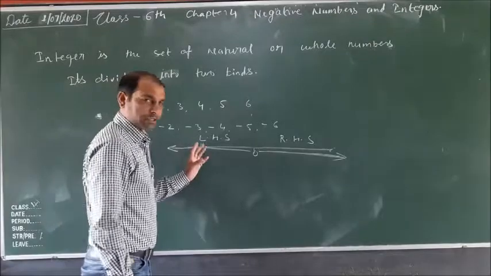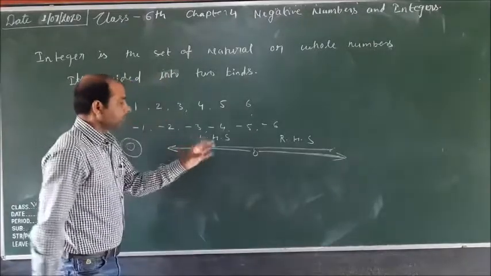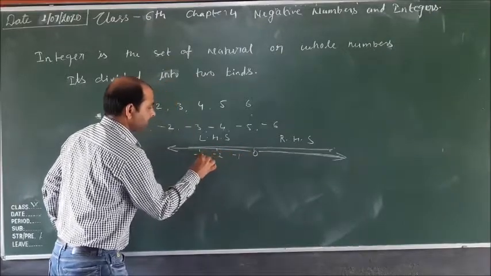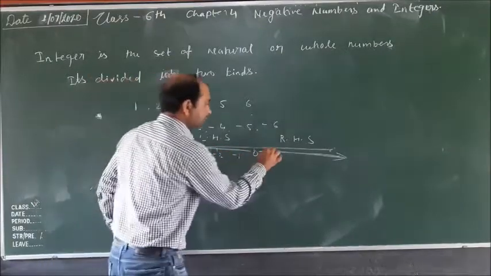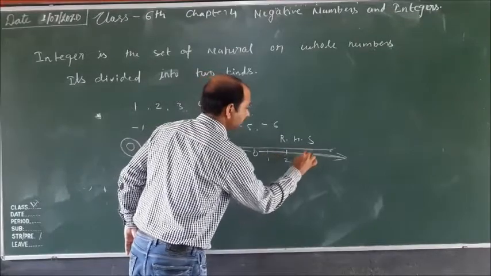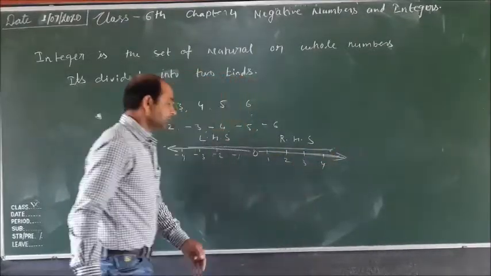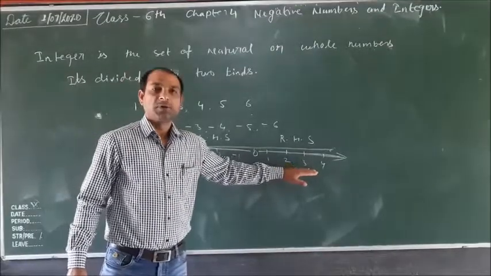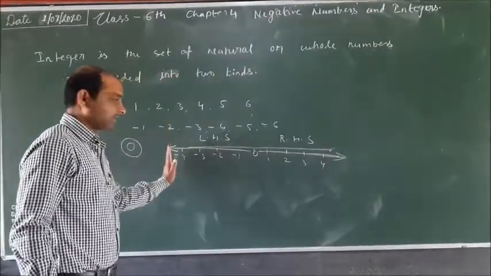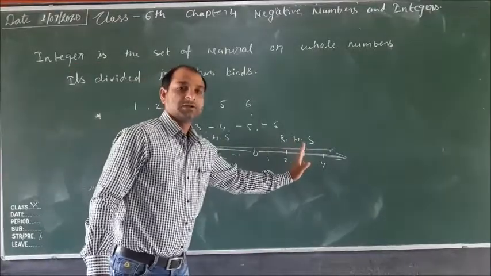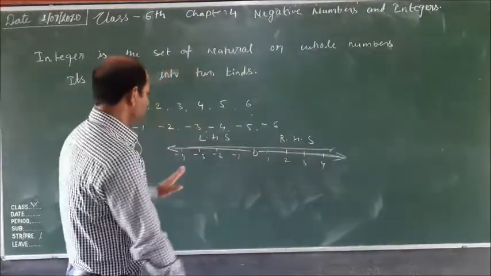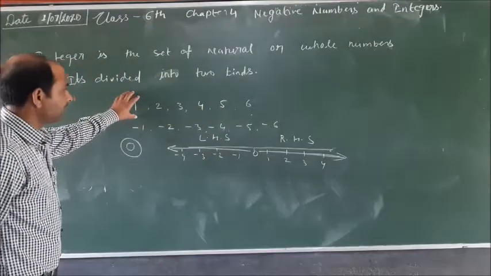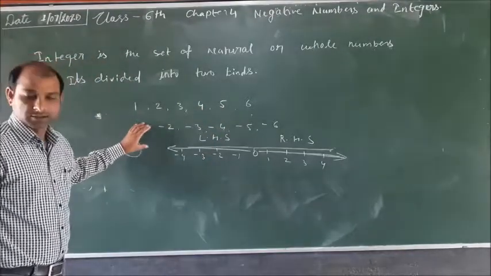So try to understand, my dear students. Suppose 0, -1, -2, -3, -4 and 1, 2, 3 and 4. These are negative integers. These are positive integers. This is the left hand side and this is the right hand side.